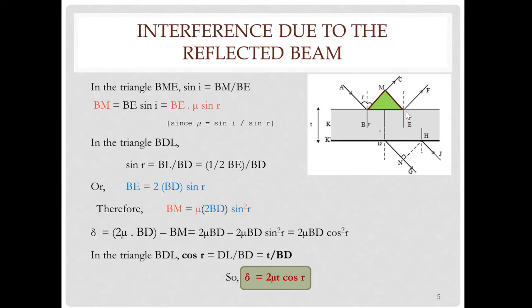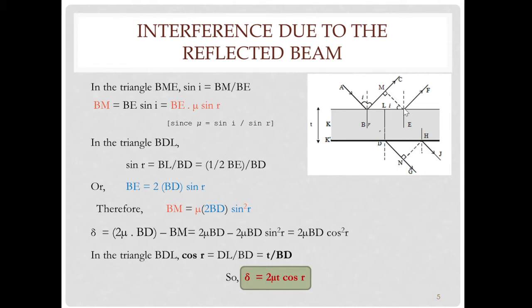And now consider another triangle BDL. Here sine of the angle of refraction, sin r, is BL by BD, which is half times BE by BD, since BL is half times BE.